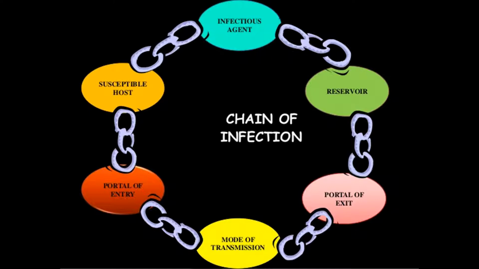Then number 3, the agent is conveyed by some mode of transmission. And number 4, the agent then enters through an appropriate portal of entry to infect a susceptible host. So these are the elements that make up the chain of infection.